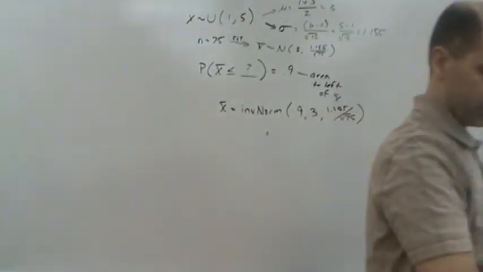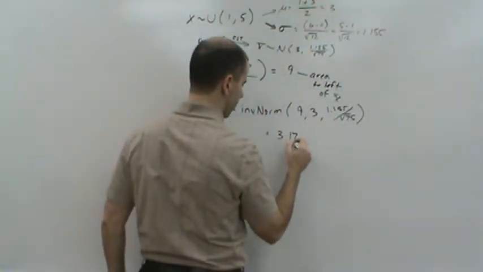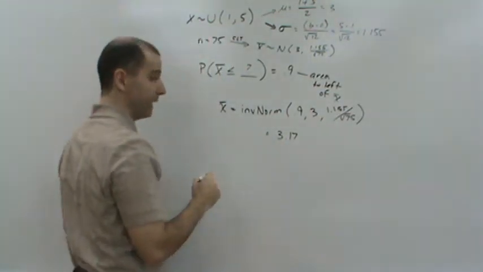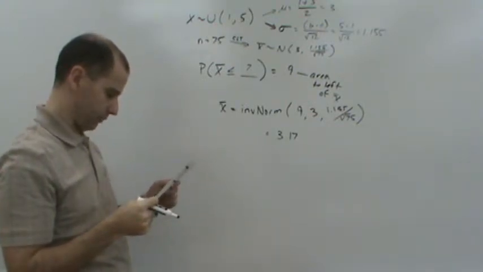Let's see what we get. And we got 3.17. That's the mean score that represents the 90th percentile.